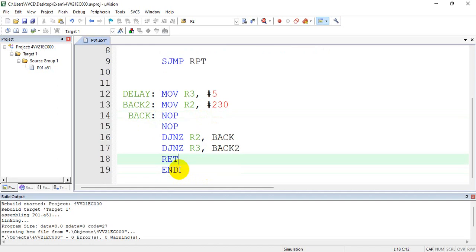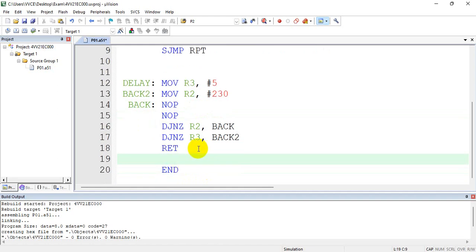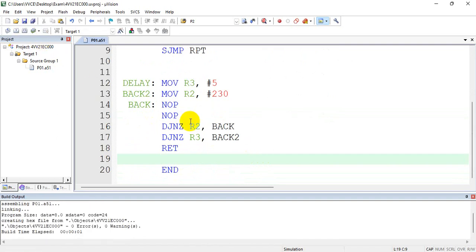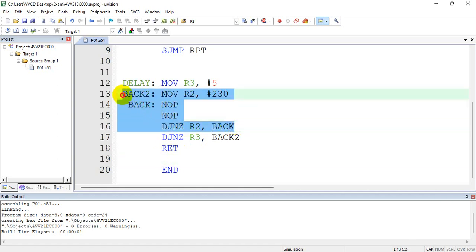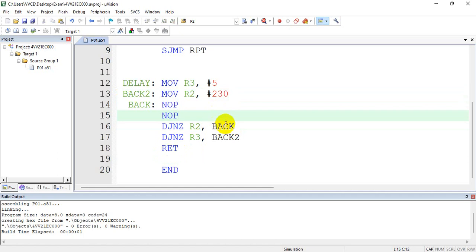And at last write RET. Fine. So let's execute this. We may not get an exact delay. Why? Because the return instruction is excluded actually. So that's why we may get some microsecond error. So let's execute this.